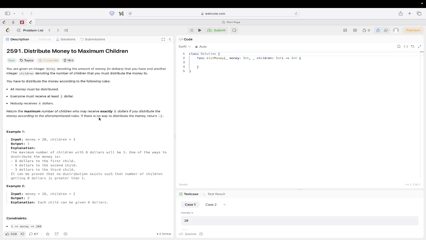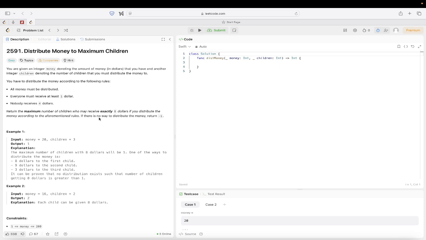You are given an integer money, denoting the amount of money in dollars that you have, and another integer children, denoting the number of children that you must distribute the money to. You have to distribute the money according to the following rules. All money must be distributed.